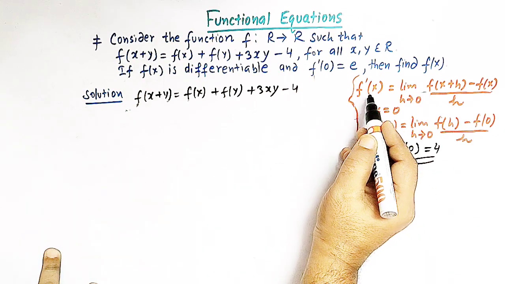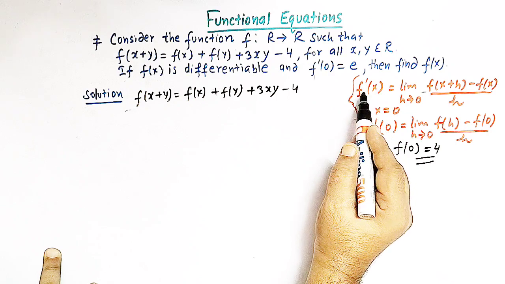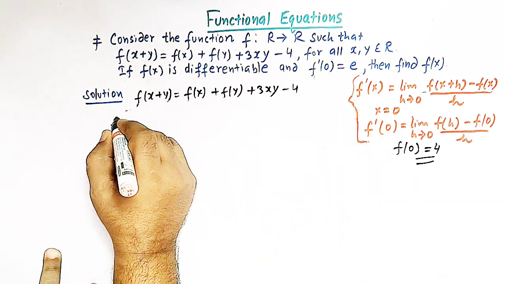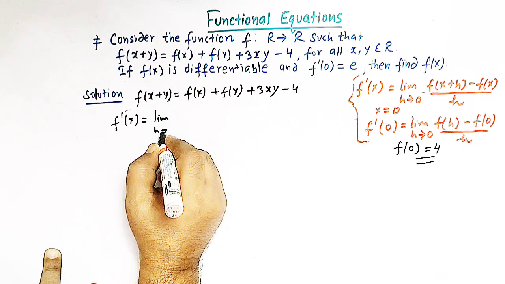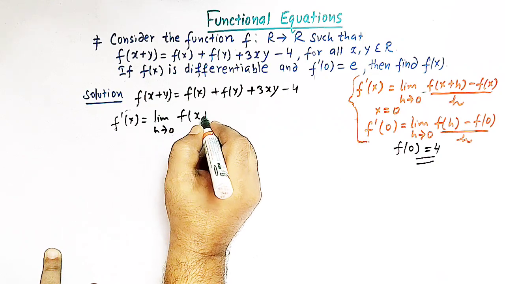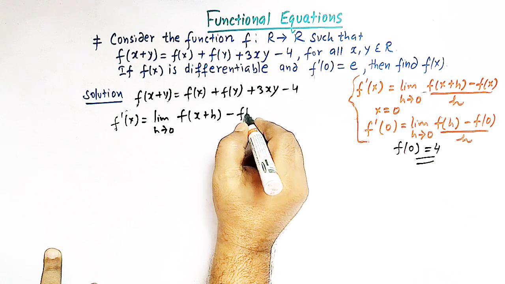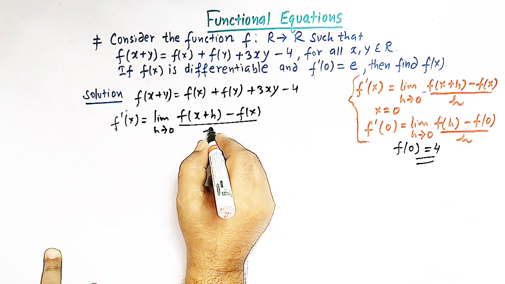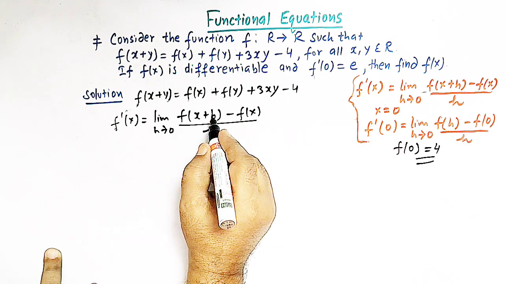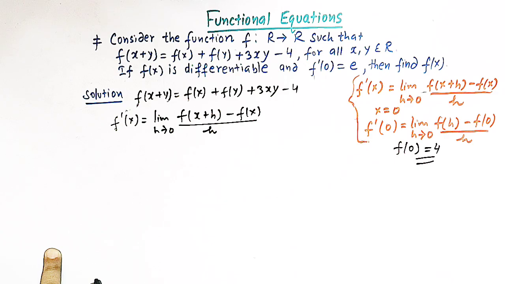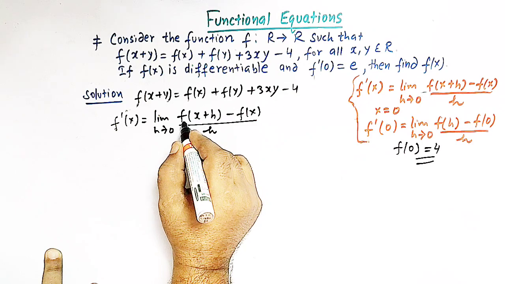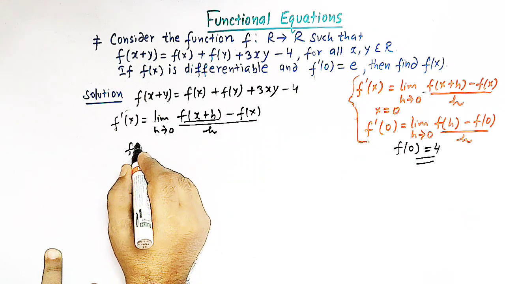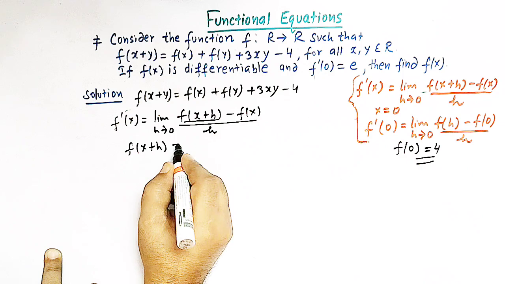So now let us come to the definition of the derivative. We have f prime of x is equal to limit h tends to 0 of f of x plus h minus f of x divided by h. And remember, this h is infinitesimally small, and it is a positive quantity. Now we have this term, that is f of x plus h.